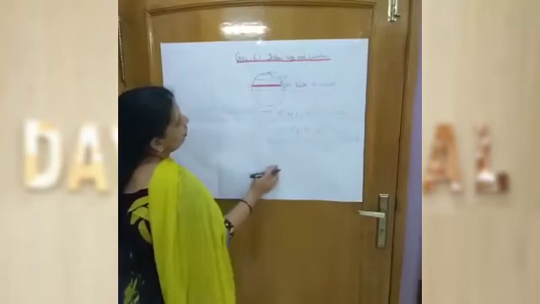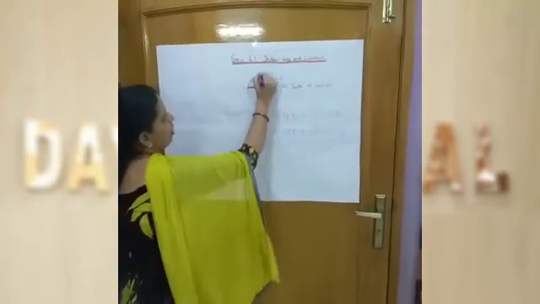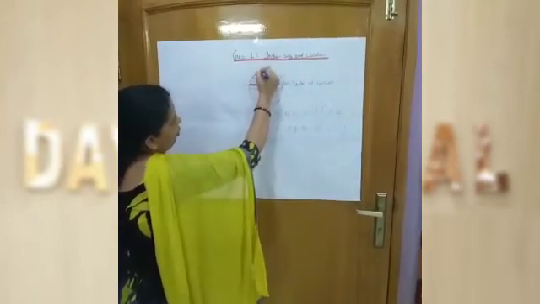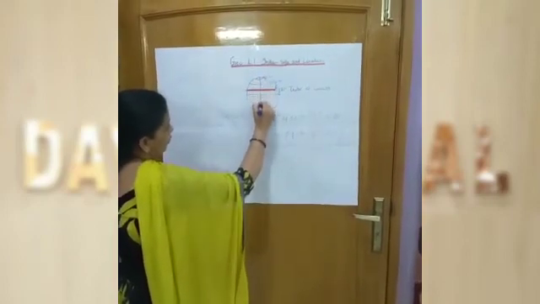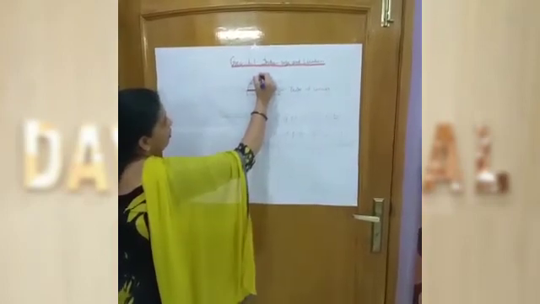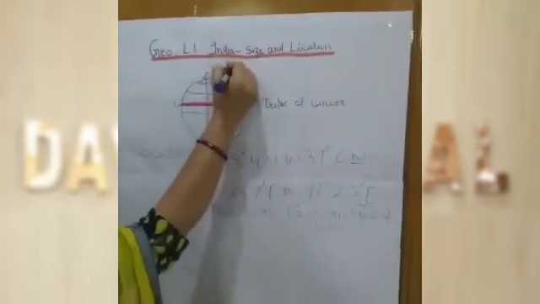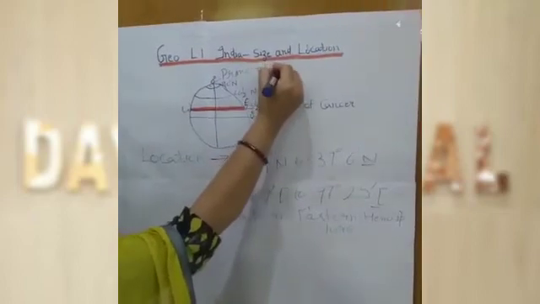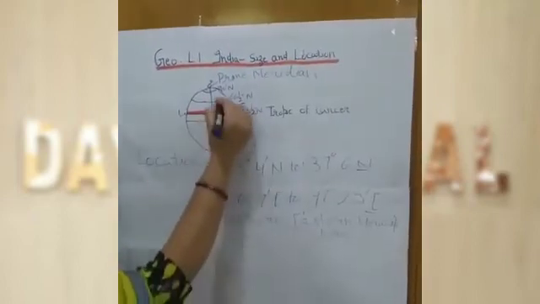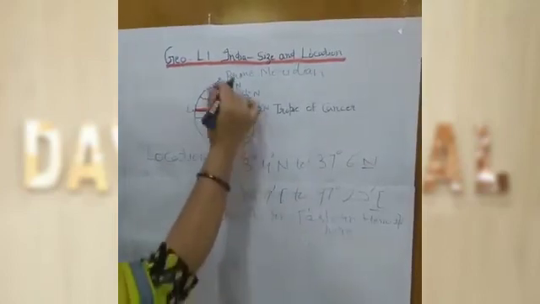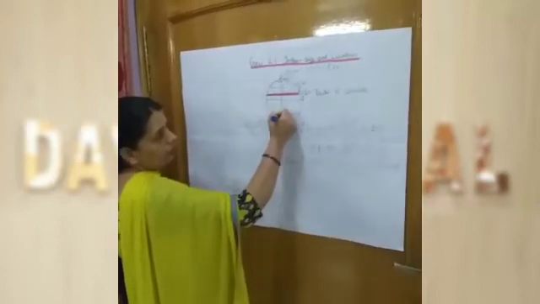In the same way, on the globes there are longitudes also. But what are longitudes? On the globe, in the center there is 0 degree line, that is known as prime meridian line. As equator divides the globe into two parts, in the same way prime meridian also divides it into two equal parts.